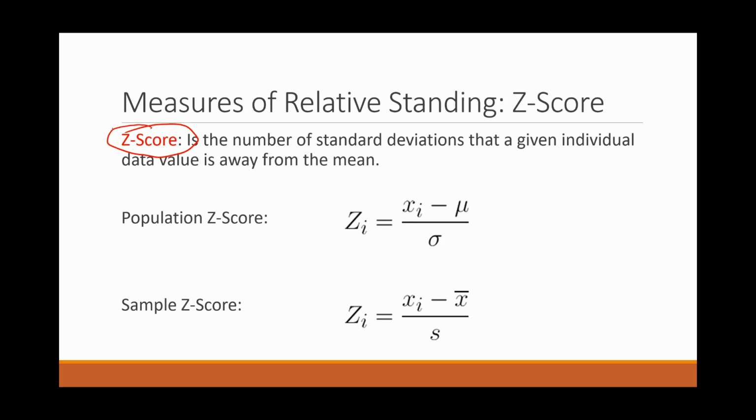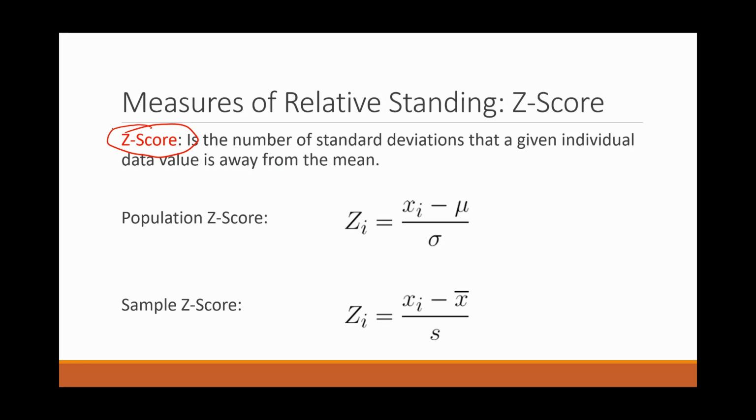Every value of a variable has a z-score. The z-score is how many standard deviations that value is from the mean, right? And we can calculate it.